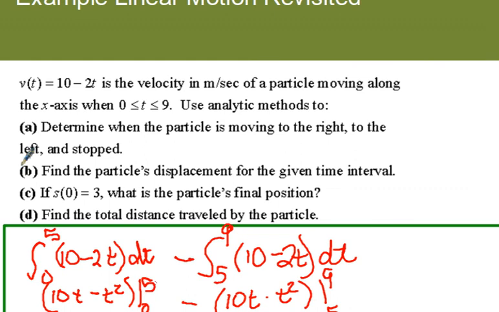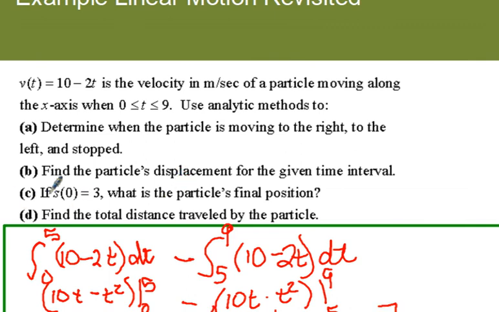And then evaluate. So when we plug in a 5, we're going to get 50 minus 25 minus 0. And then over here we're going to get 90 minus 81 minus 50 minus 25. And I probably should have another parenthesis around that.